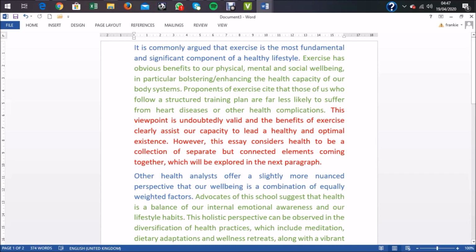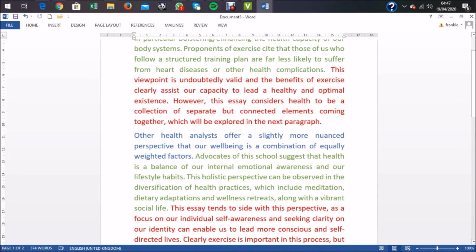Proponents of exercise cite that those of us who follow a structured training plan are far less likely to suffer from heart diseases or other health complications. This viewpoint is undoubtedly valid, and the benefits of exercise clearly assist our capacity to lead a healthy and optimal existence. However, this essay considers health to be a collection of separate but connected elements coming together, which will be explored in the next paragraph.